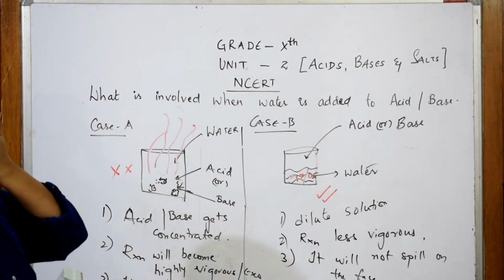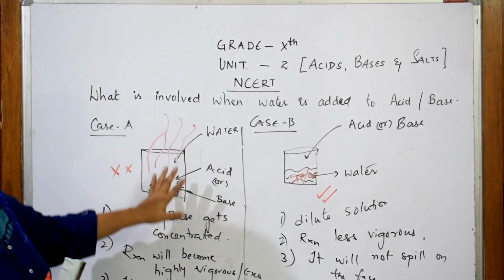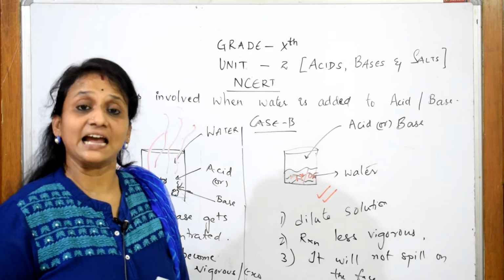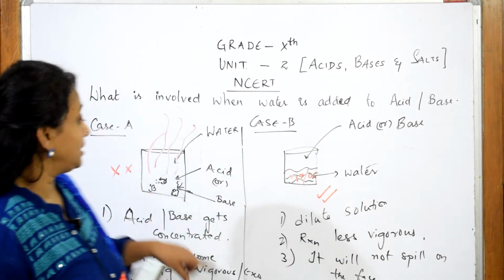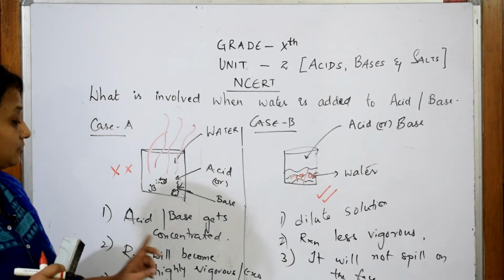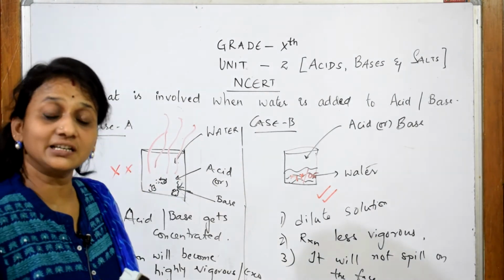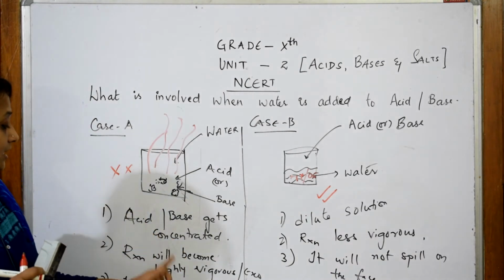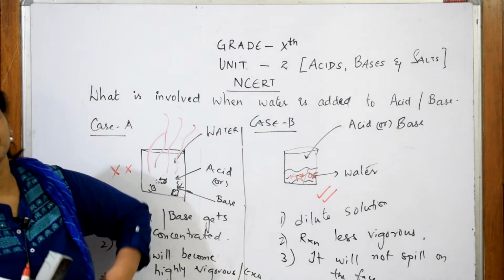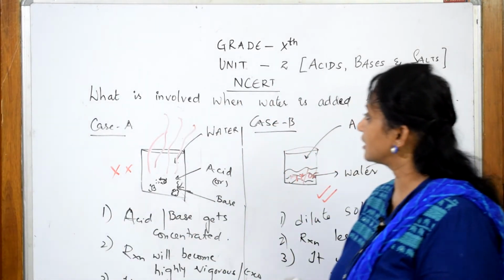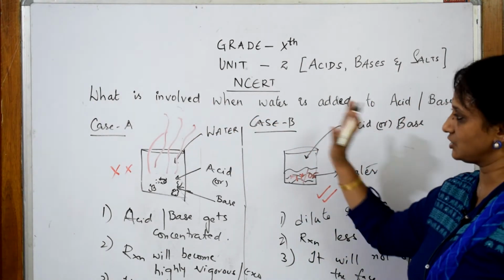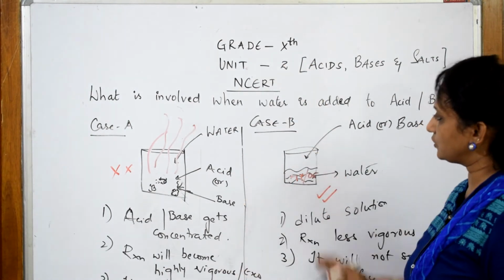So the important suggestion is, always add acid or base to water, because it is less vigorous and it becomes a dilute solution. Adding water to acid or base is not a good idea because of the concentrating nature of acid or base. Because it is highly exothermic, it vigorously comes out and spills on your face. That is the conclusion to the question, what is involved when water is added to acid or base?